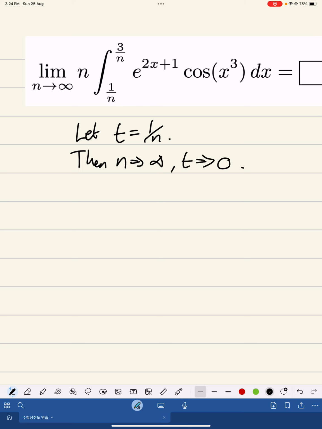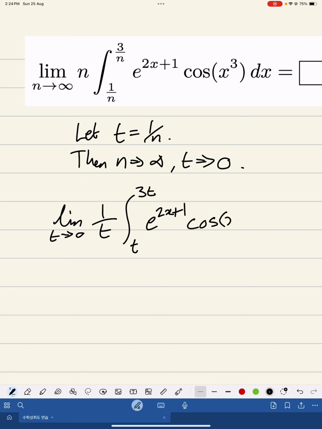So we can rewrite the whole expression as the limit as t approaches 0 of 1 over t times the integral from t to 3t of e to the 2x plus 1 times cosine of x cubed dx.